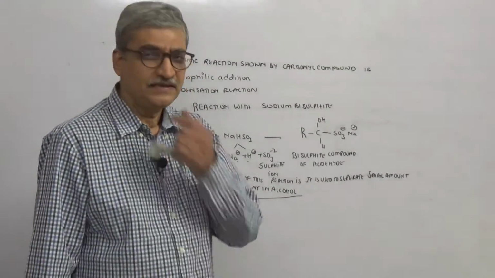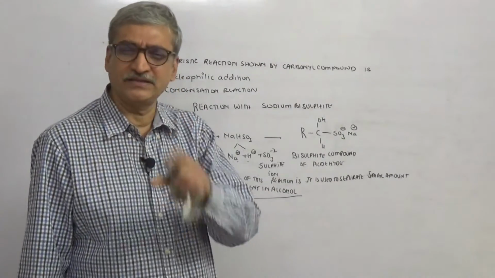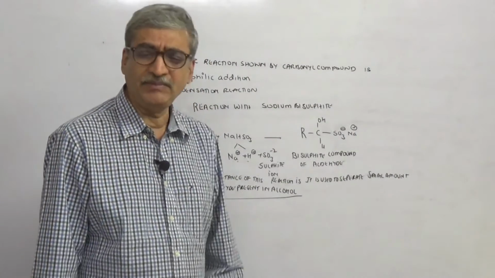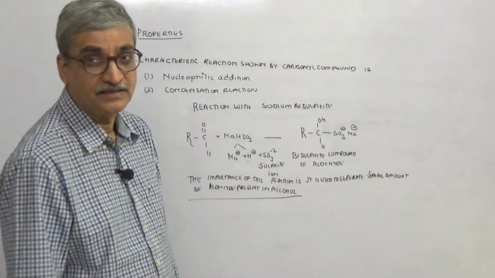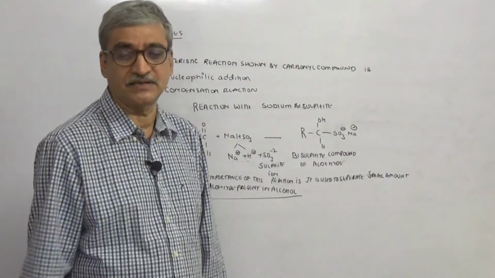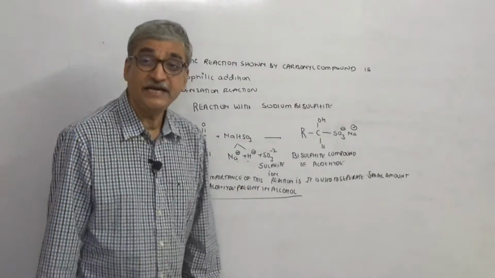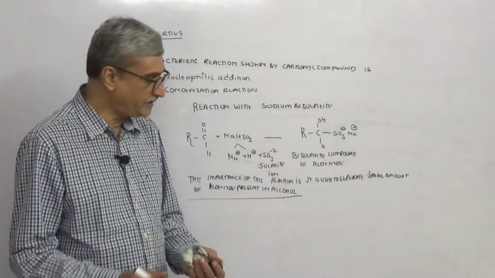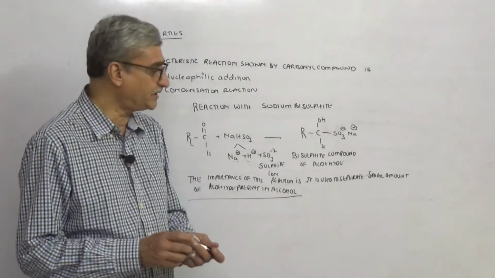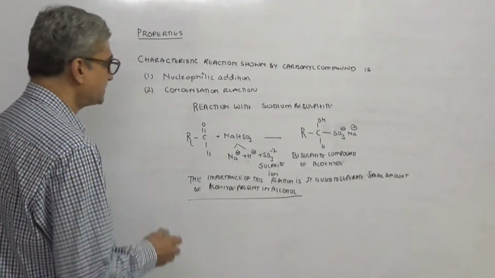Is this clear? Because however you do this, you try to avoid, some amount of aldehyde will be formed because of atmospheric oxidation. And that can interfere with certain reactions, especially reactions of estimation of steroids. Now we have great problem with this. So we add sodium bisulfite. Is this point clear? So that is the second.